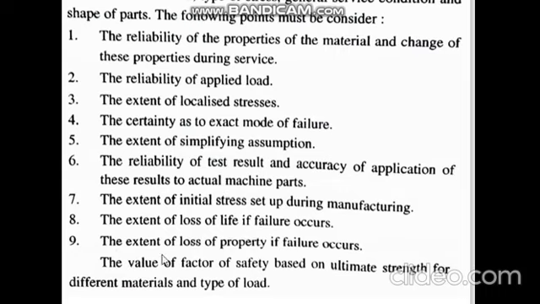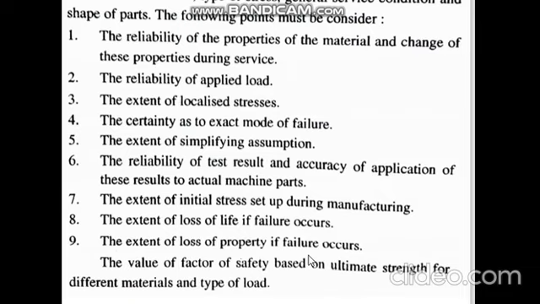Then what is the extent of loss of property? Suppose a component fails, how much loss will happen? You can say, this I may lose 100 rupees, or maybe I may lose 1 lakh rupees. Then you have to be very careful where a machine component is used in an application where if it fails, it will result in a loss of 1 lakh rupees.